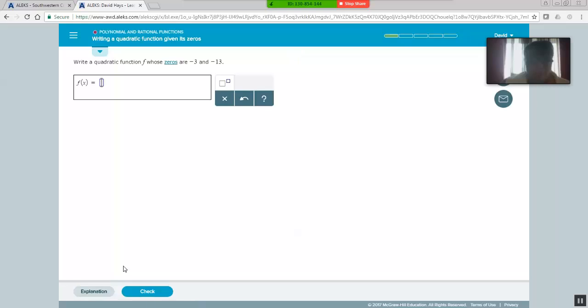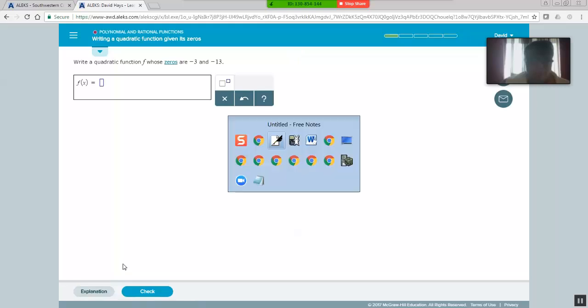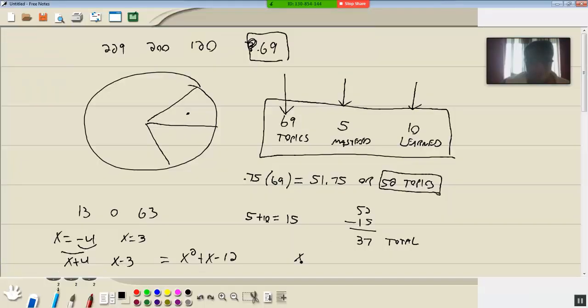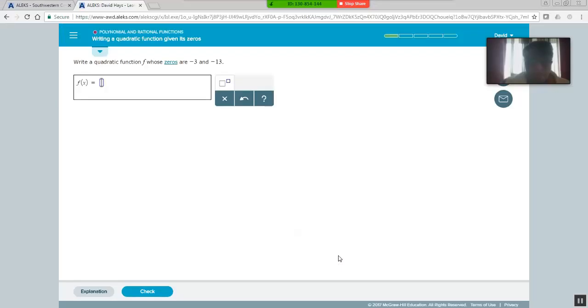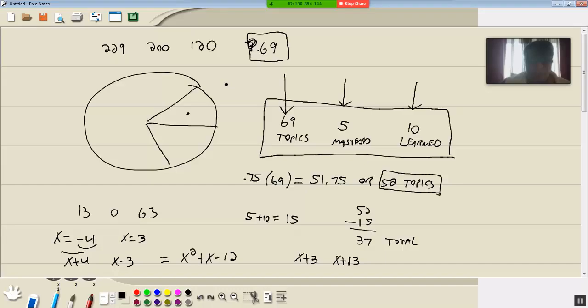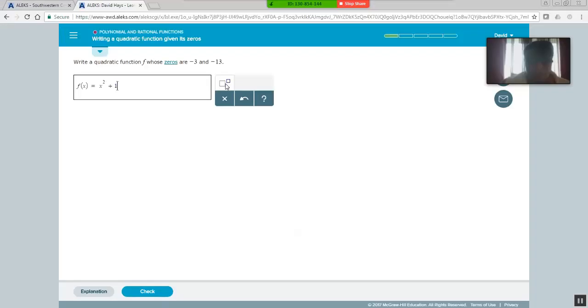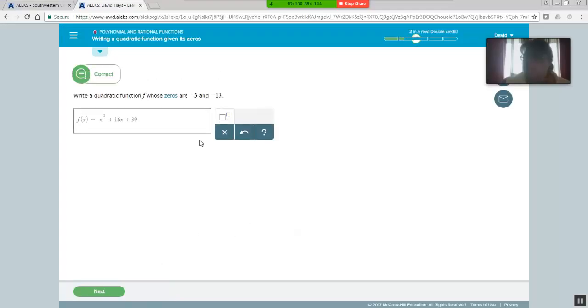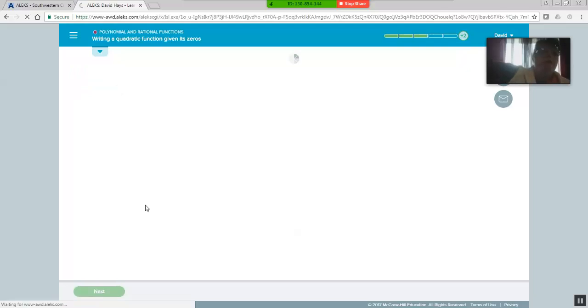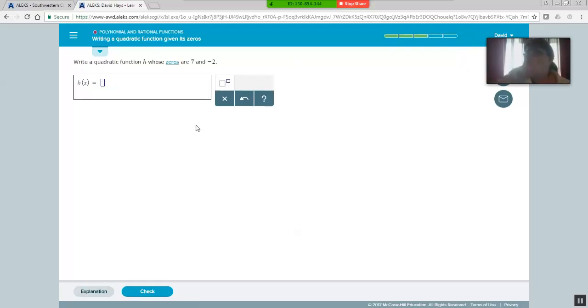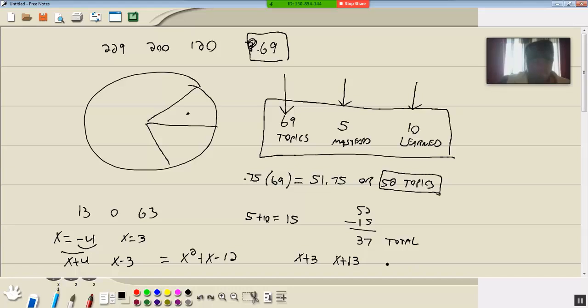And then the next one, negative 3 and negative 13. So x plus 3, x plus 13. So we'll have x squared plus 16x plus 39. And 7 and negative 2.